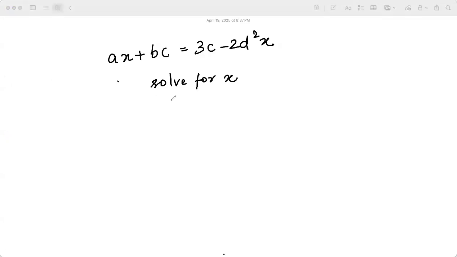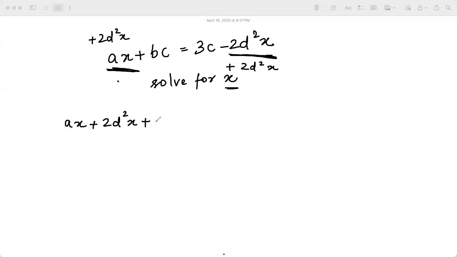Okay. Let's see this one. Here I have to solve for x. I can clearly see x present in these two terms. So I need to bring them together first. So plus 2d square x on both sides. I'll just write as it is. ax plus 2d square x plus bc equal to 3c. This will go off. Now I have to subtract bc and move it to this side.